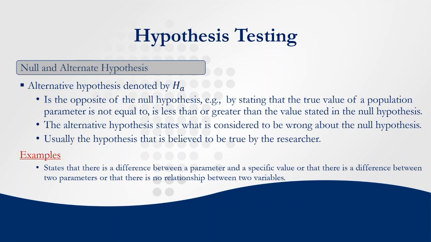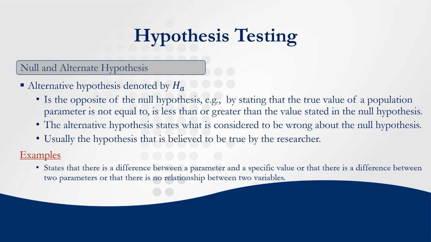So the last bullet, the alternate hypothesis usually captures what the researcher believes to be true, which is the opposite of the null hypothesis. Because, for example, if you think about interventions, if you think about a new treatment, you'd only advocate for it or want to test it because you believe that it's better than the existing.